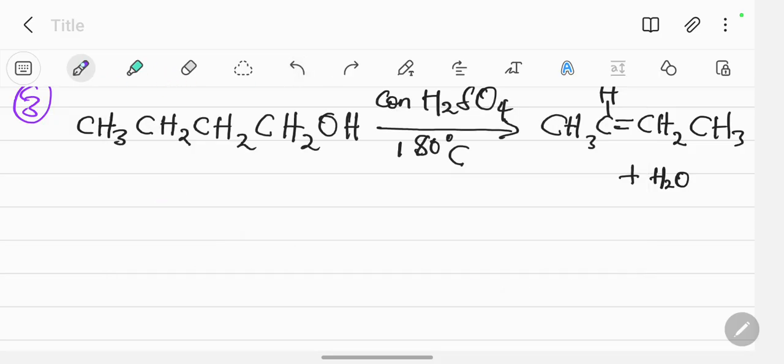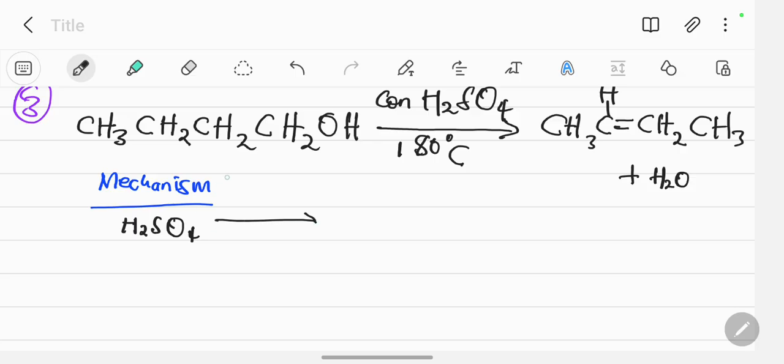So first we deal with our mechanism. We have sulfuric acid there, dissociating to give us hydrogen and hydrogen sulfate.